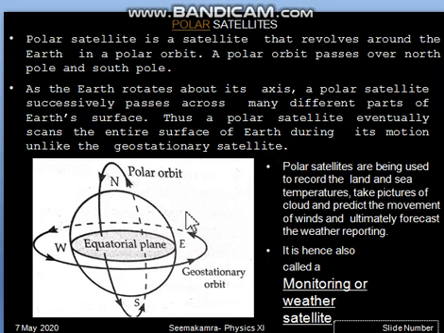So, the second difference we have discussed. Now the third difference is related to the height where these satellites are established. A geostationary satellite, as we have discussed before, is always established at a very good height, approximately 36,000 kilometers. But the polar satellite is established very close to Earth.